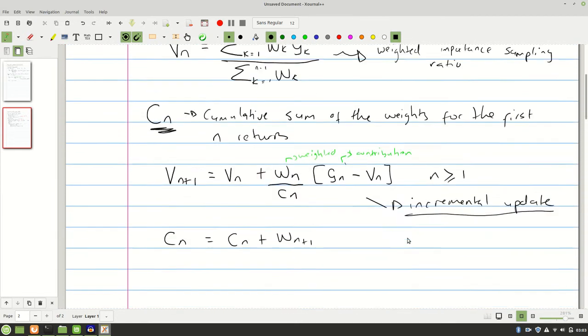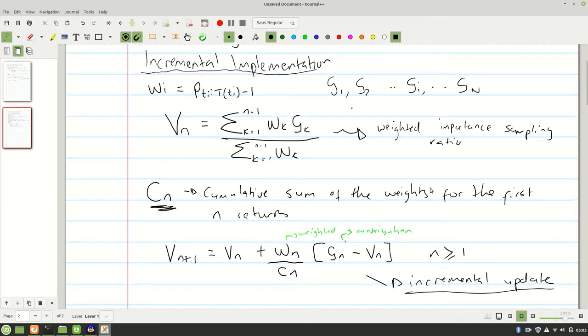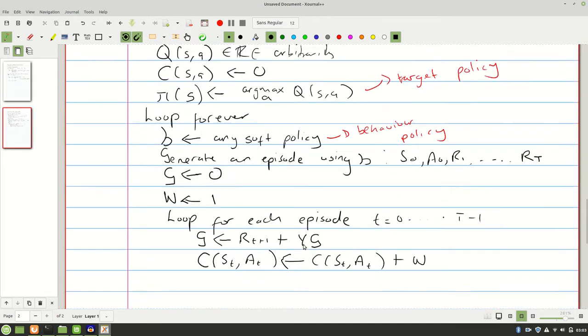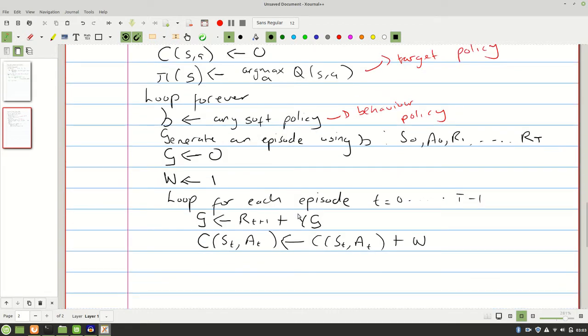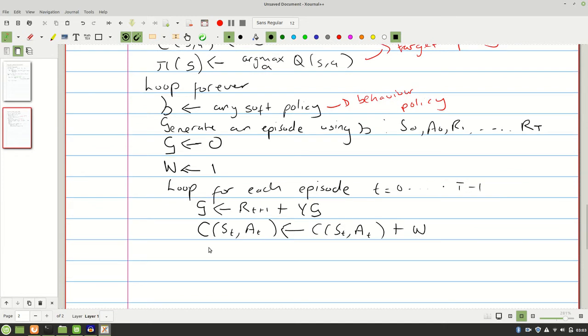Because again, we defined C as the cumulative sum of the weights for the first n returns. So we'll continue for every single time step. When we count a certain state action pair, we'll update their cumulative weights as well. And not only their cumulative weights, of course, we also need to update the Q value, because this is the meat of the problem, so to speak.